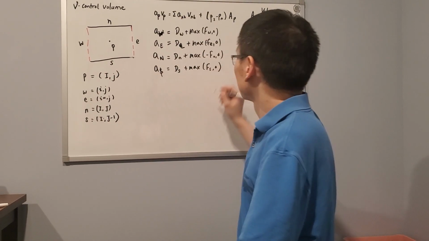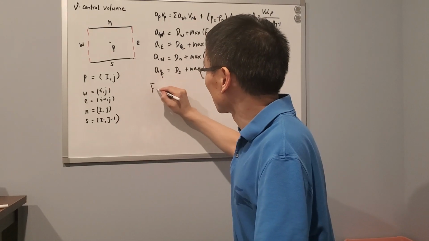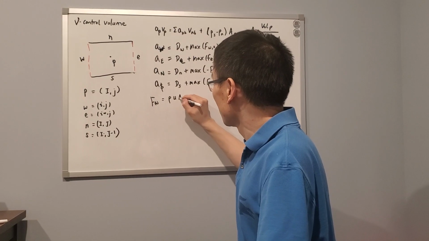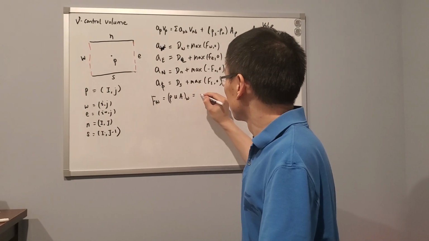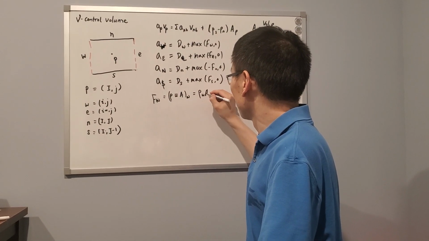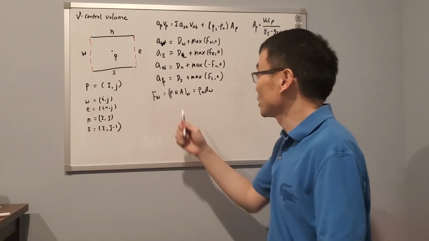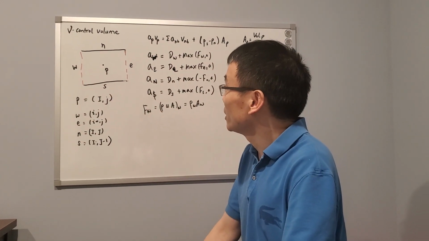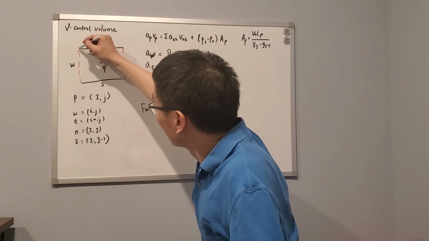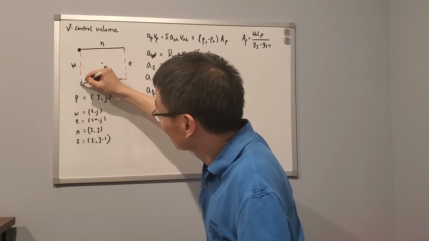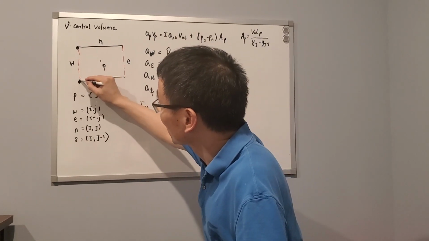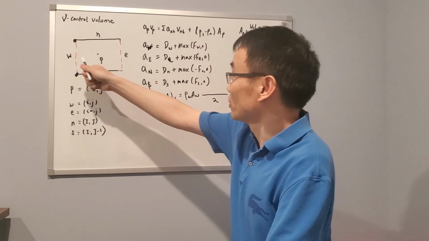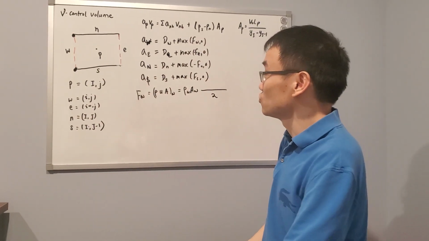Okay, let's start from Fw calculation. It is rho UAW, rho W AW. Now, let's take a look at how to compute UW. So UW here, we have UW over here, UW on the left bottom corner as well. So we can compute them as an average for the face center as UW.